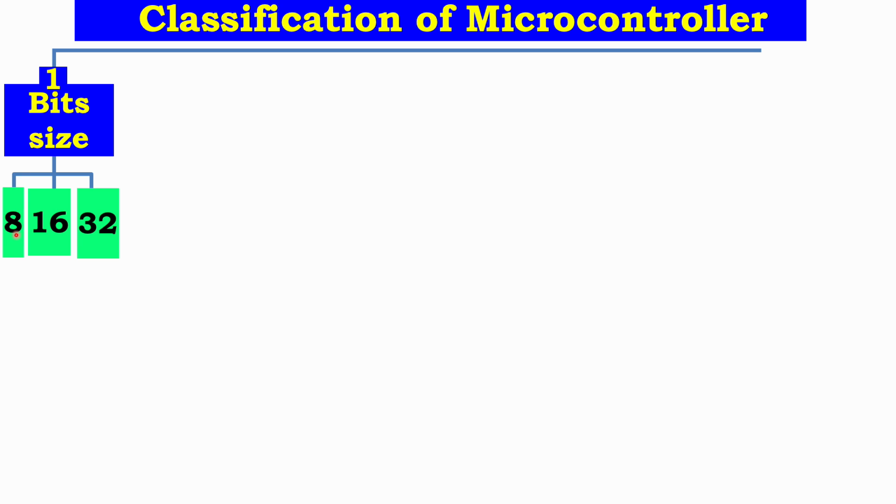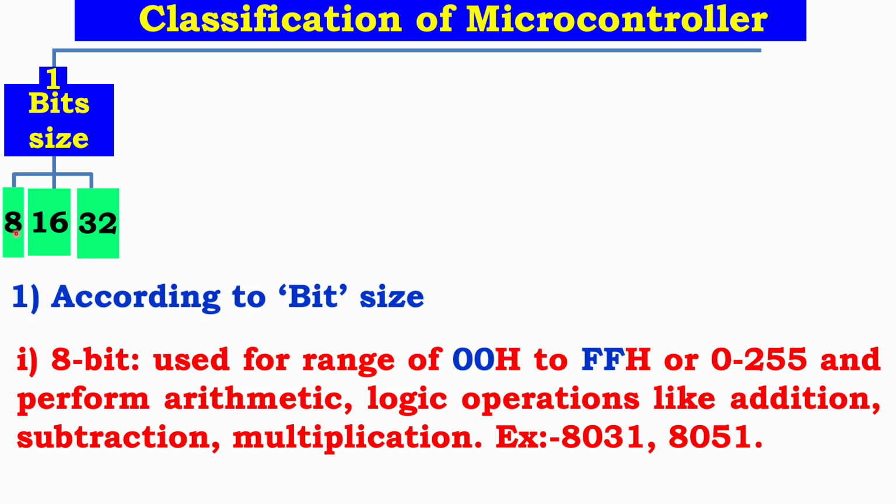One is called 8-bit, the other 16-bit, and the third 32-bit. First, the 8-bit type. In this microcontroller, 8 bits are used for the operation of the entire microcontroller.